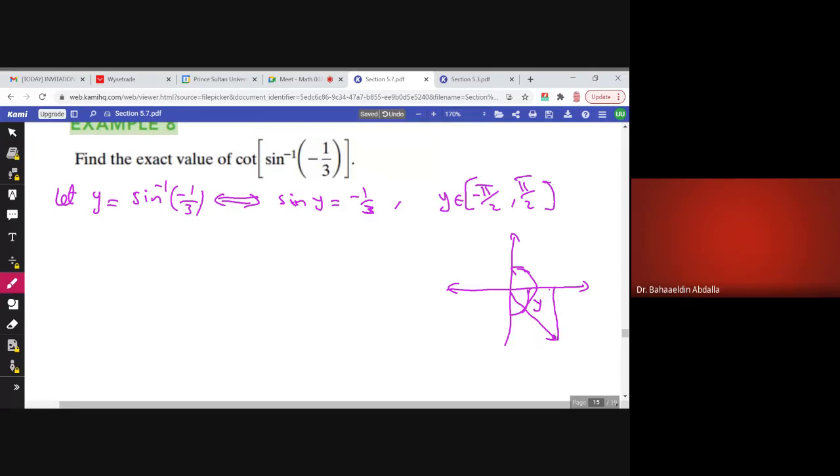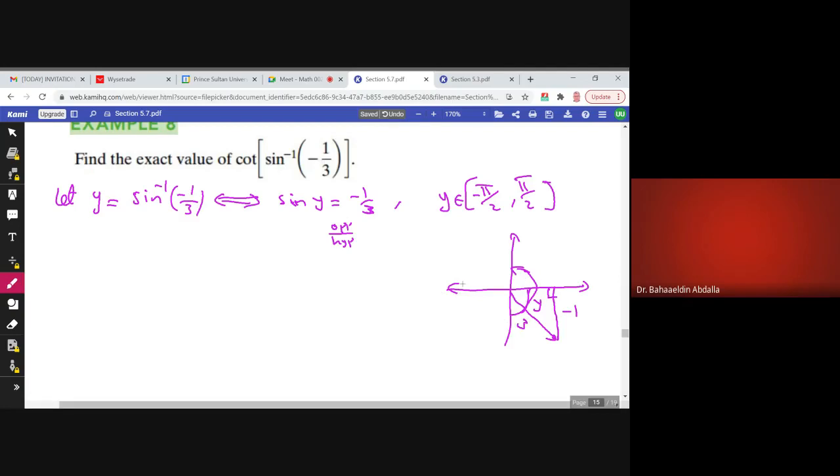I can draw the triangle of this angle. Sine y is negative 1 over 3. What is the sine? It is the opposite over the hypotenuse. So the opposite of y is -1, and this must be negative because y is below the x-axis. And the hypotenuse is 3.